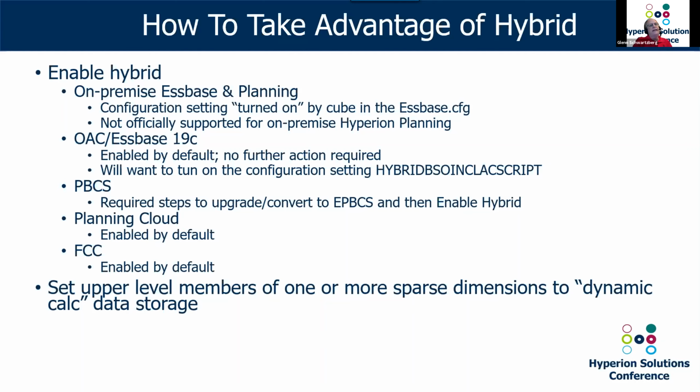In OAC and Essbase 19C, it's enabled by default. There's no further action needed for you to do it. However, you will want to turn on the configuration setting HYBRIDBSOINCALCSCRIPT in order to get the full functionality running in your calc scripts.